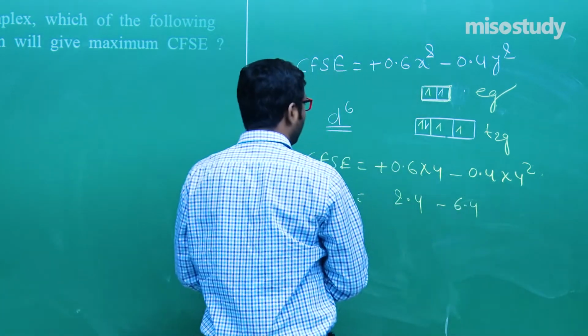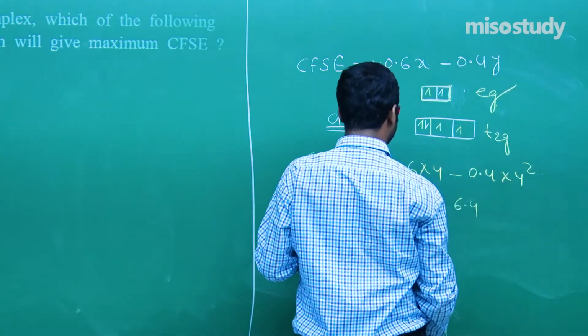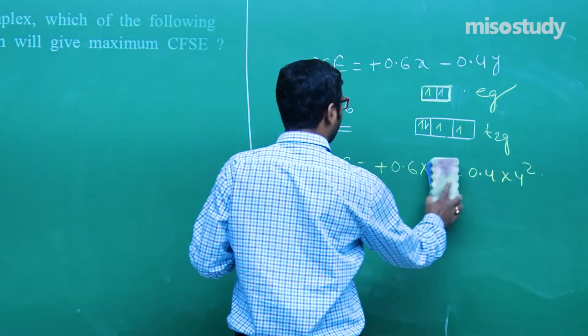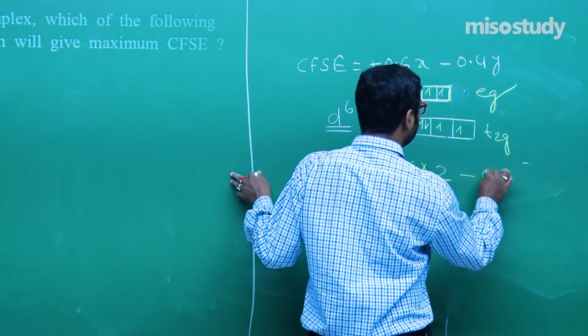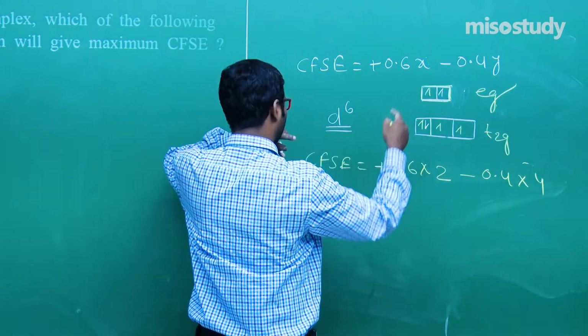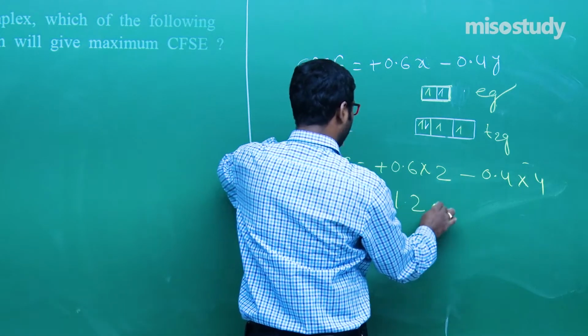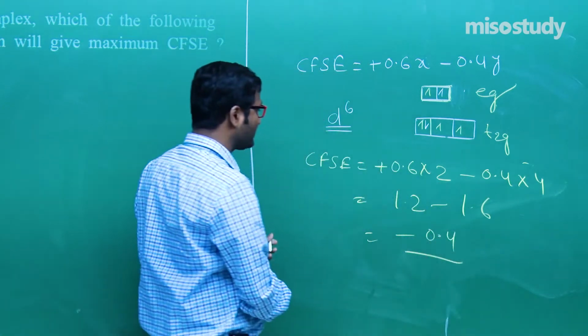Am I right? Sorry, that is not x squared, that is 0.6y. Wait for a moment. 0.6 into 2 minus 0.4 into 4. Clear to you? This is the formula, not y square. 1.2 minus 1.6, that is minus 0.4 in this case.